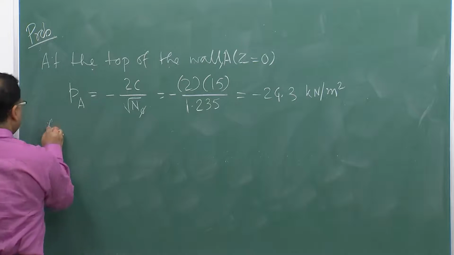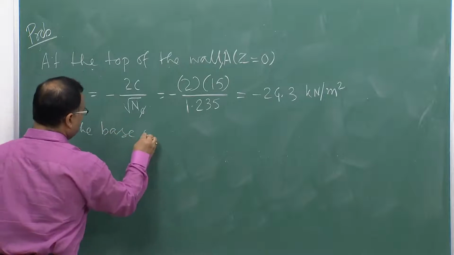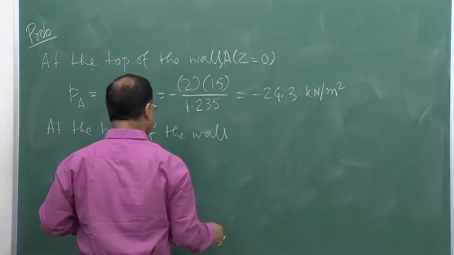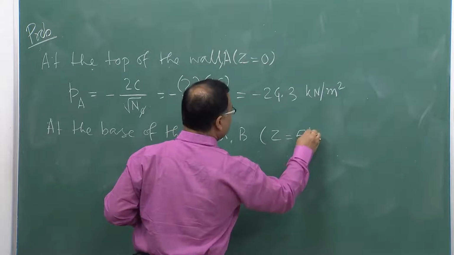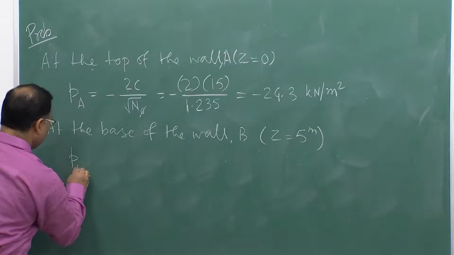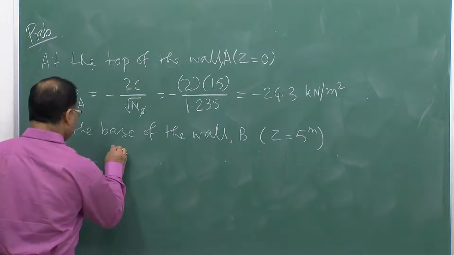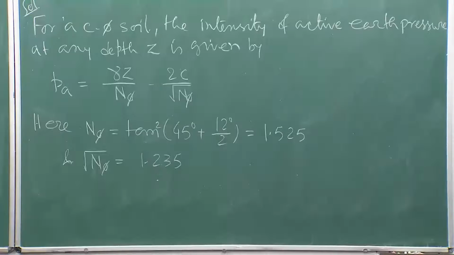Now, at the base of the wall, say point B, that means Z equal to 5 meter. At that time, what will be your active earth pressure? PB is equal to gamma Z, and Z is now H, right.